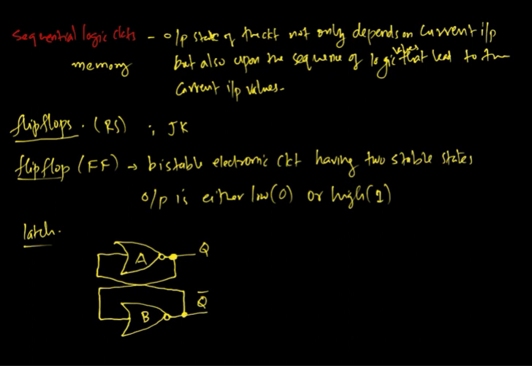Suppose the output state of A is low, that is, the output of A is Q, which is supposed to be low. Then the input to gate B is low, because Q is connected to the input of B. So the input of B is low, which causes the output of gate B to be at a high level, that is, Q bar is at a high level.